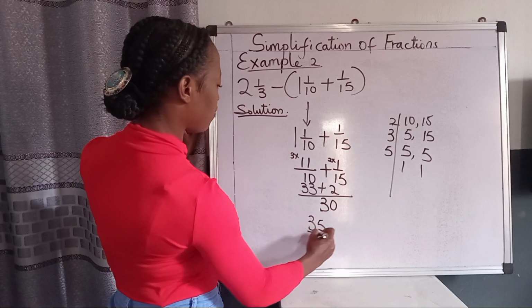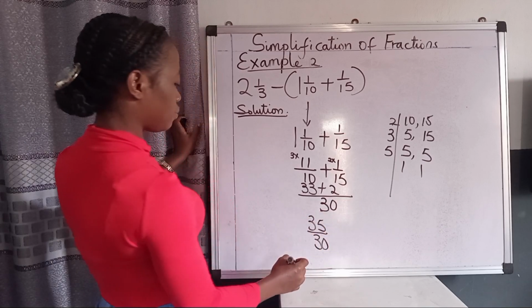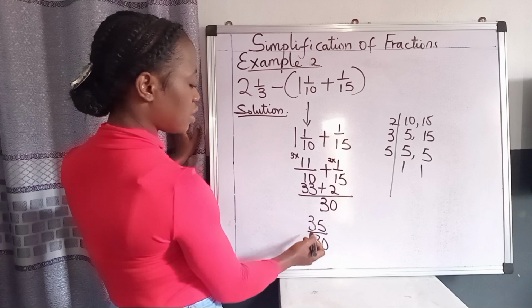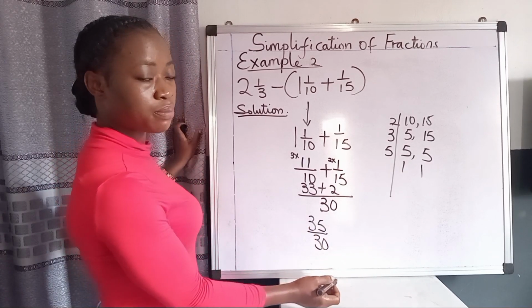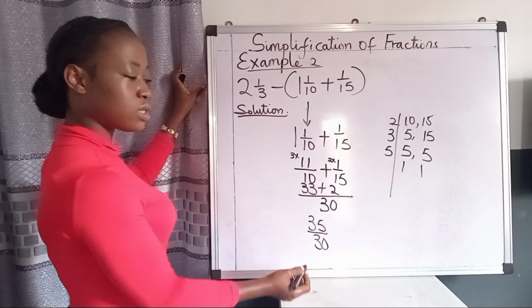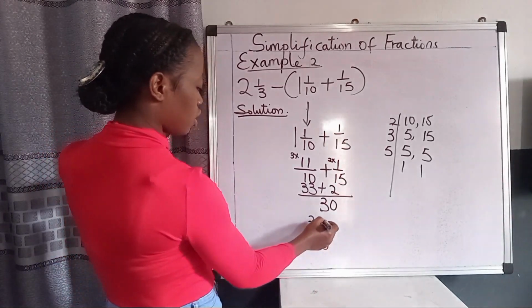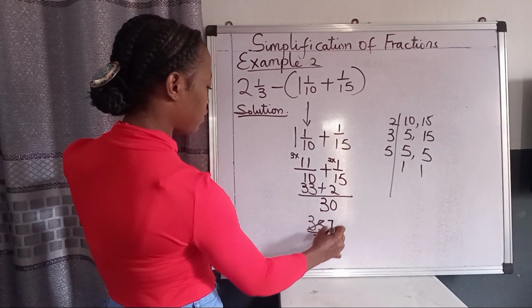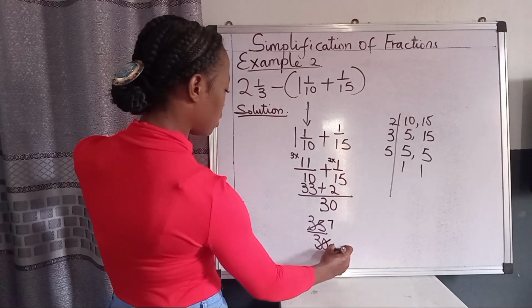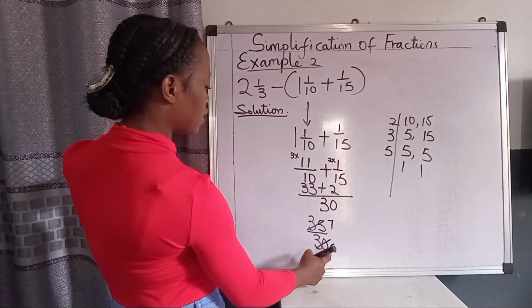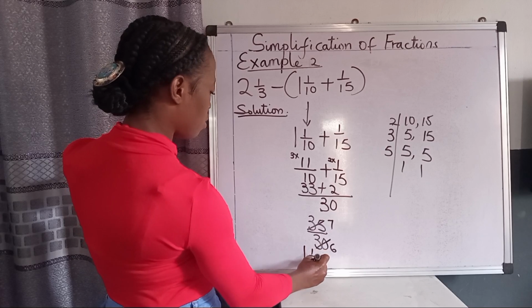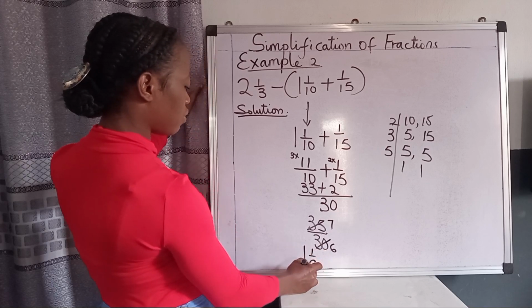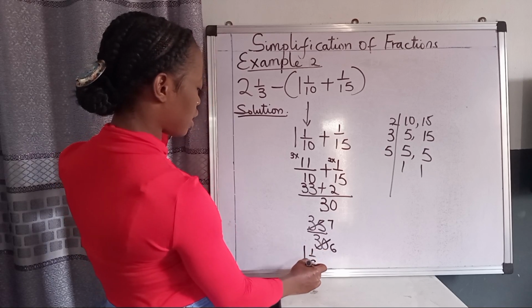So we have 35 over 30. This is an improper fraction, therefore I need to reduce it to its simplest form and change it to a mixed number. 5 in 35 is 7. 5 in 30 is 6. Now 7 over 6. 6 in 7 is 1 remainder 1. So 1 whole number 1 over 6. That will be what I would have here.